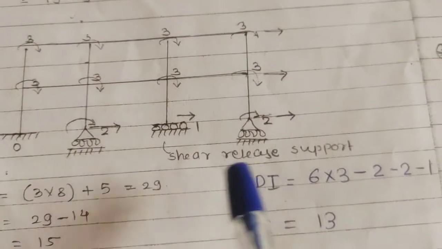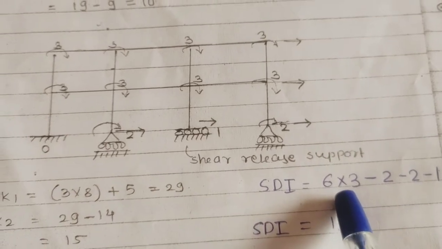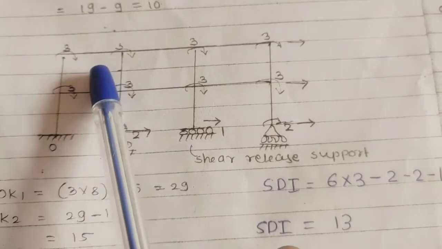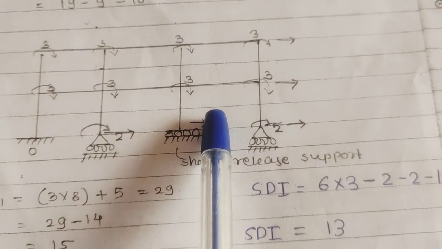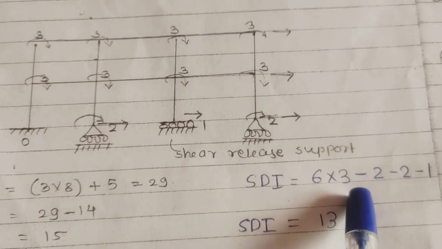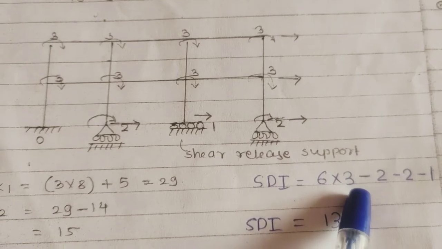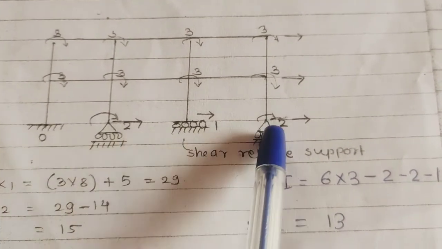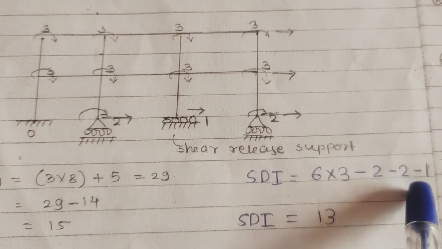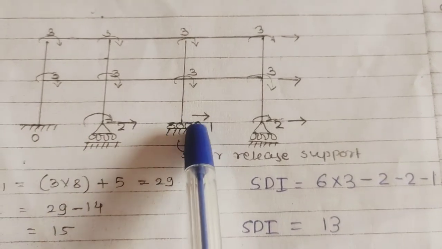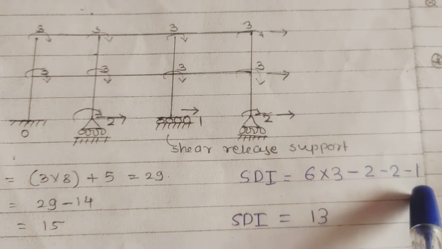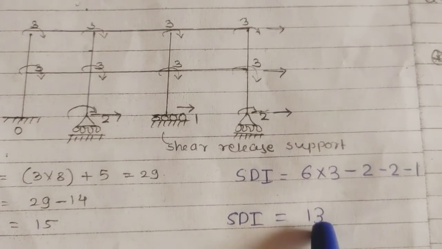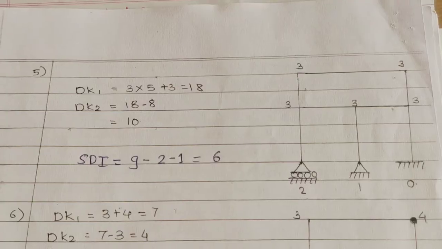Hence the number of closed spaces here 1, 2, 3, 4, 5 and 6. You have to multiply this 6 by 3 and deduct 2 for roller support. There are 2 roller supports, hence minus 2, and 1 shear release support, hence for that minus 1. Means SDI is equal to 13 here.